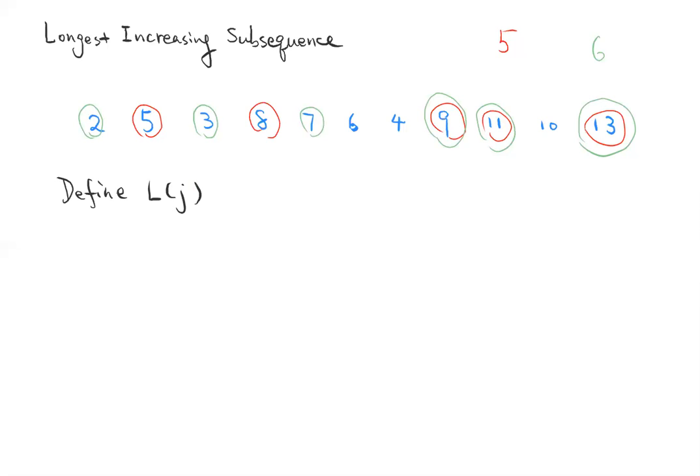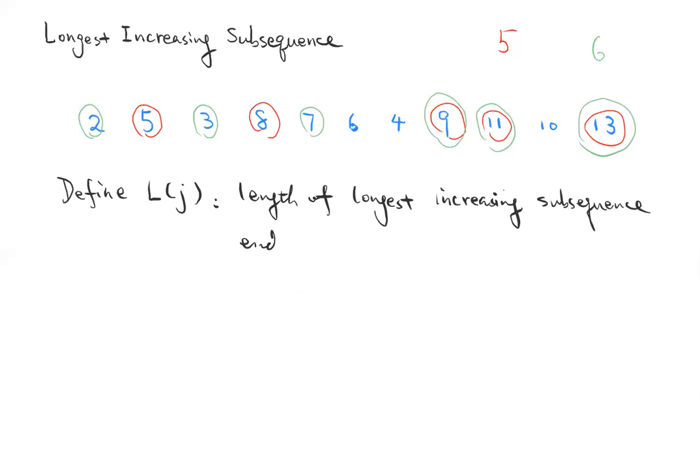For each index j, we define the value to be the length of the longest increasing subsequence ending at a particular number.